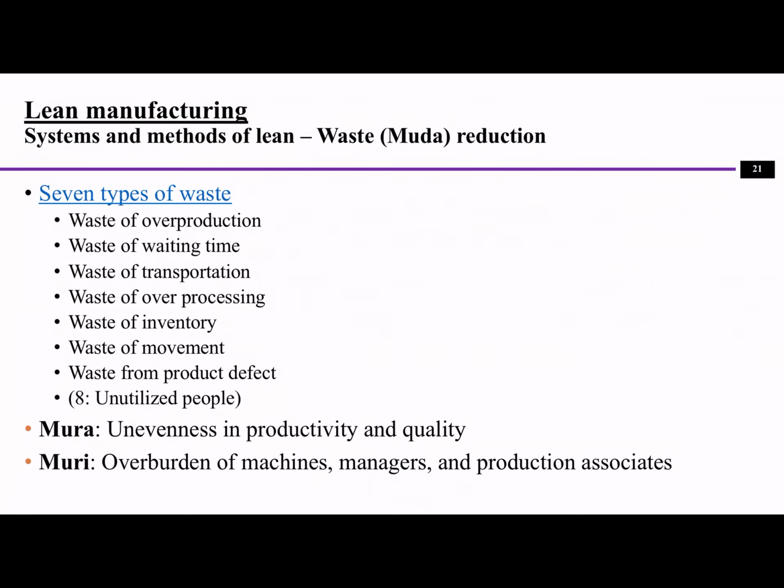All right, a very important word in lean is waste. If you want to know the value added activities, then we also need to find out what the non-value added activities are. Non-value added activities are actually the wastes. In Japanese, it's called muda.